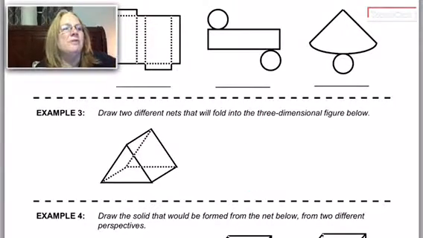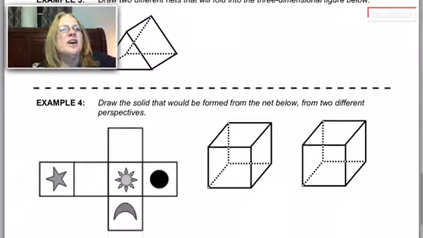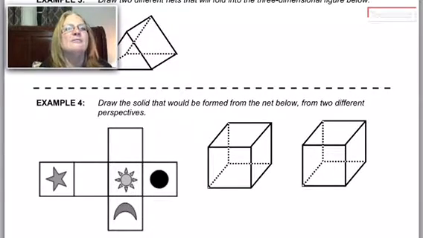All right, example 4. Draw a solid that would be formed by the net below from 2 different perspectives. Now I've provided, and I hope that it will print properly, a net for you to print out and actually build this, which is by far the best way to do this.